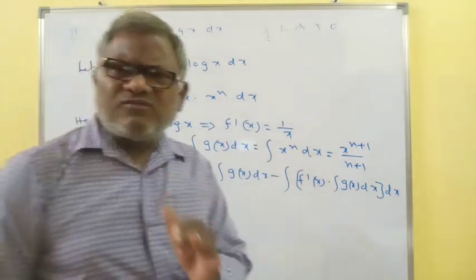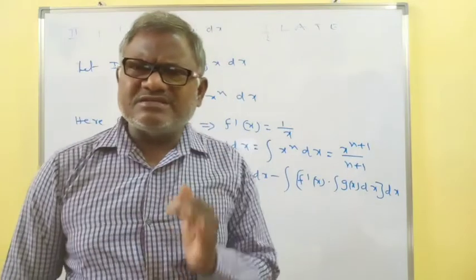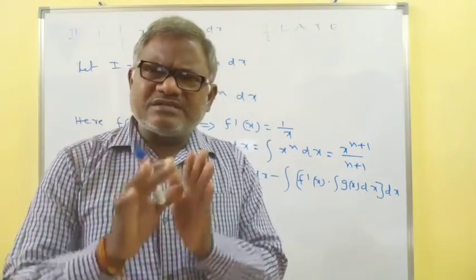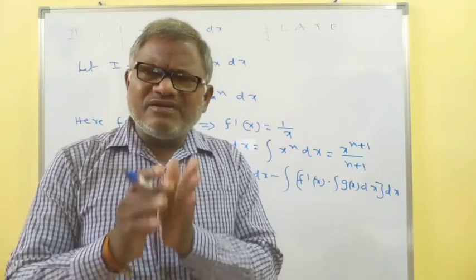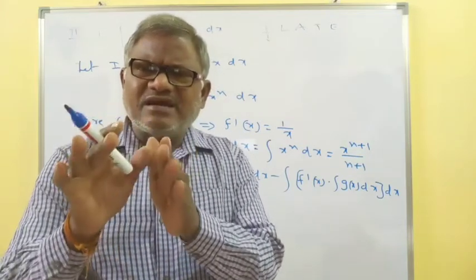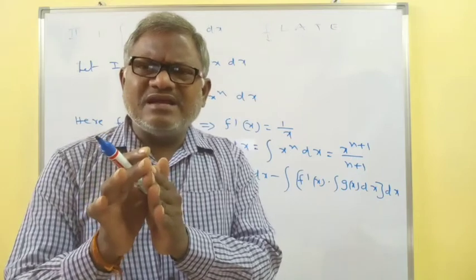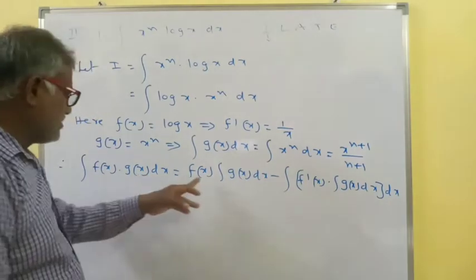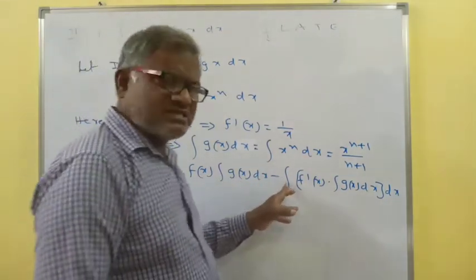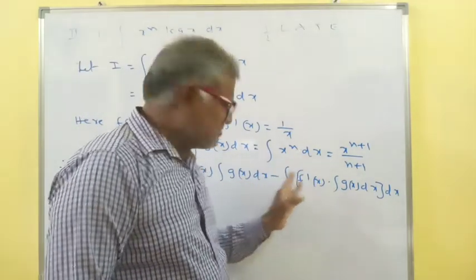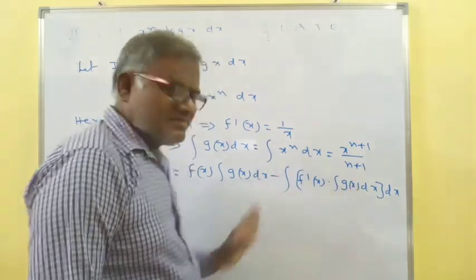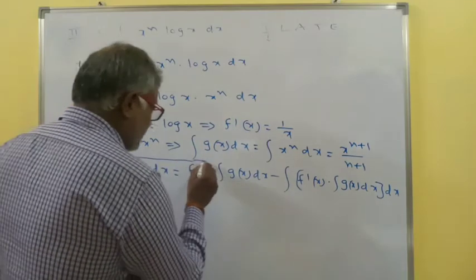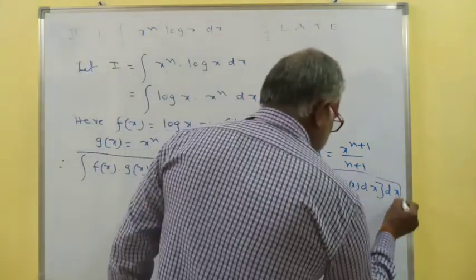Integral of f of x g of x dx is equal to f of x into integral of g of x dx, minus integral of f dash x into integral of g of x dx, whole dx. So, first function into integral of second function, minus the derivative of the first function into the same thing. This is the formula, so always you should put it inside a box.